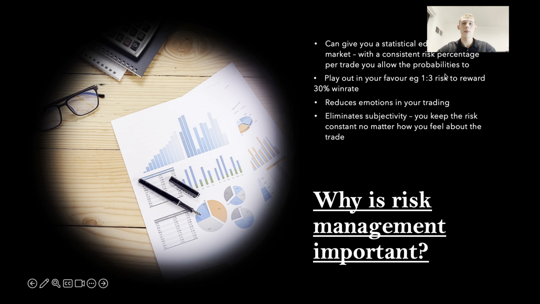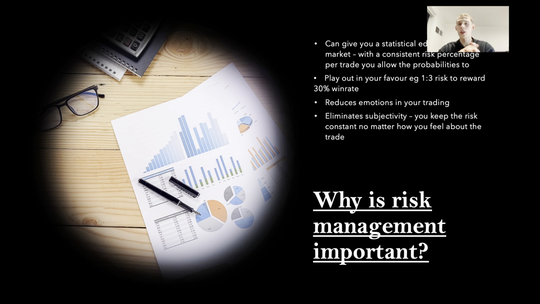So using this example, a 1-to-3, our potential gain is 3%. So we're keeping the risk constant no matter how we feel about the trade. Another mistake that I see a lot of people make is that, let's say they feel confident about a particular or individual trade, then they will risk twice as much on that trade.